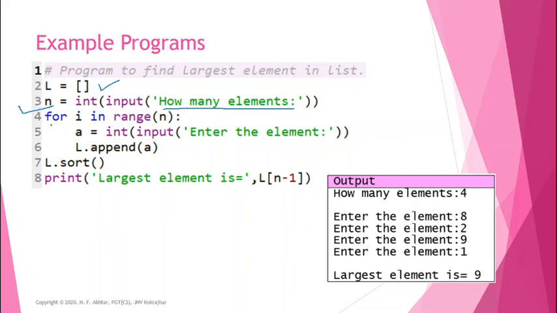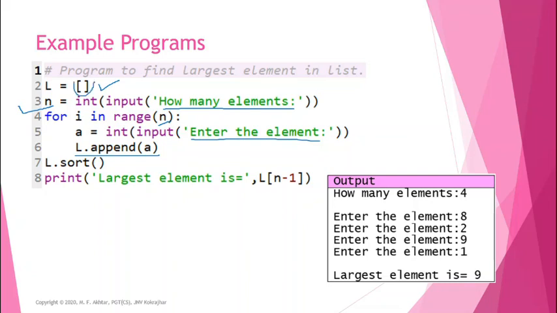Now we execute a for statement with an input statement to get each number, n number of times. One by one we are asking for the numbers, and we append the values to the empty list.